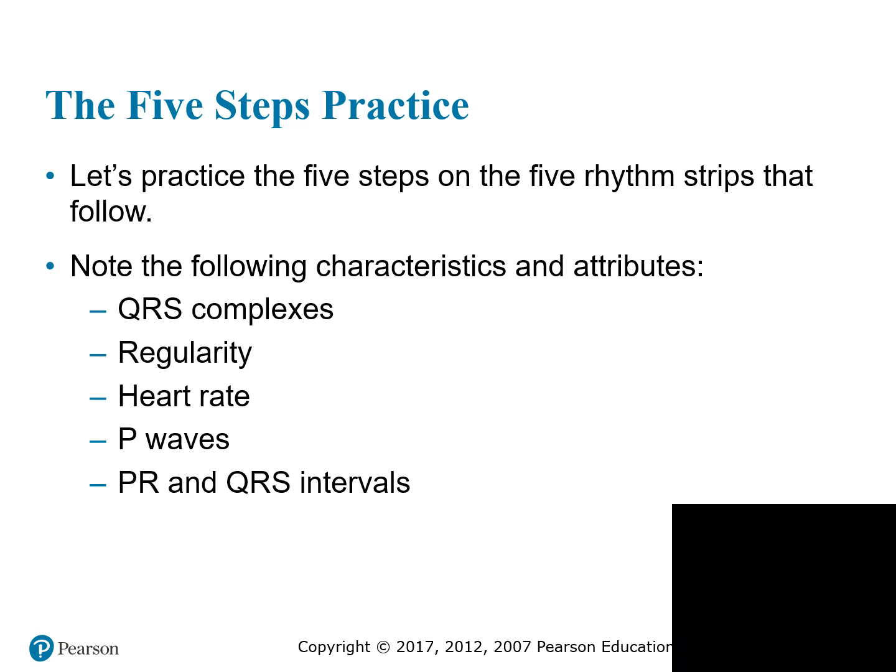Now, remember, when you're figuring out your PR and your QRS intervals, you're counting from the beginning of P to just before your Q wave dips down. You're counting the number of small blocks in between those two points, and you're multiplying that by 0.04 seconds.